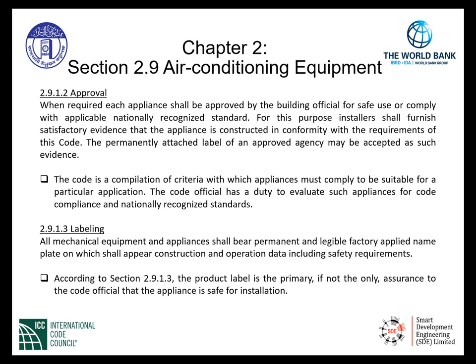Now, the product label is the primary, if not the only, assurance to the code official that the appliance is safe for installation. So this language is pretty important that we realize that all equipment and appliances must bear the label.